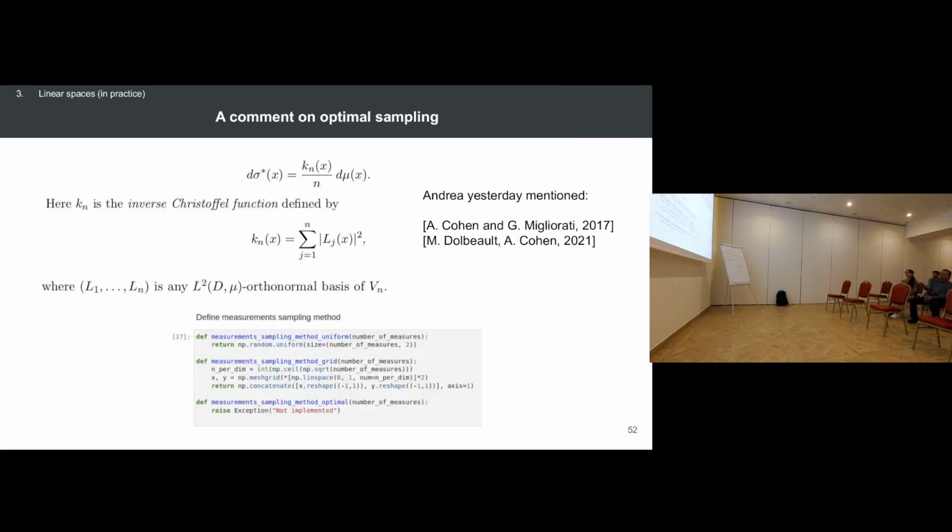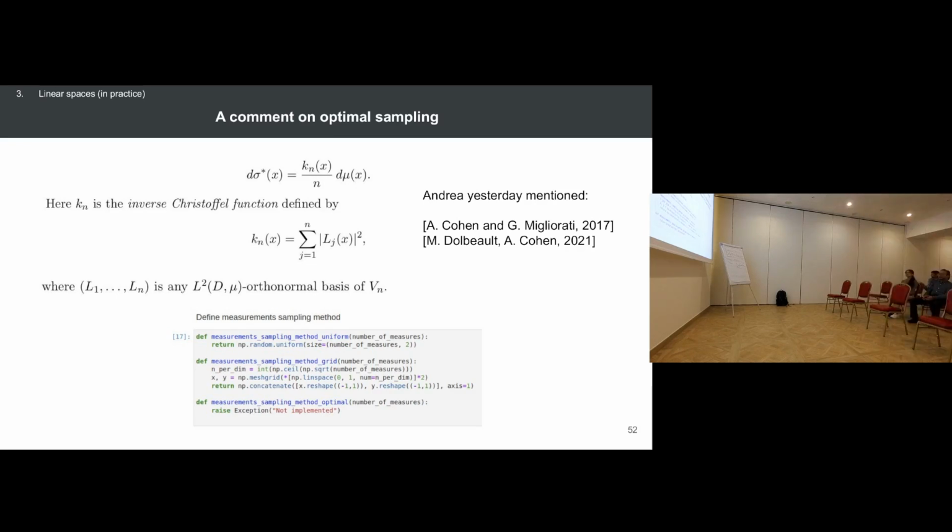Okay, now there was a comment about the optimal sampling, because yesterday it was also commented about this work. It's interesting just to give a small intuition about it, and maybe eventually it is to be implemented.